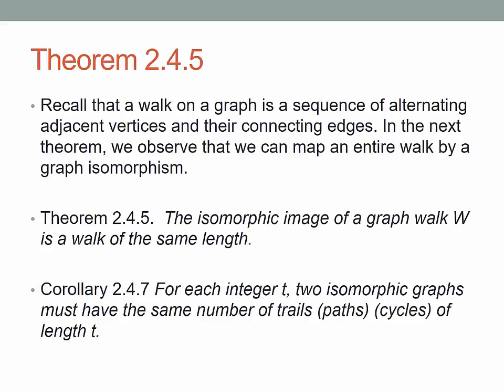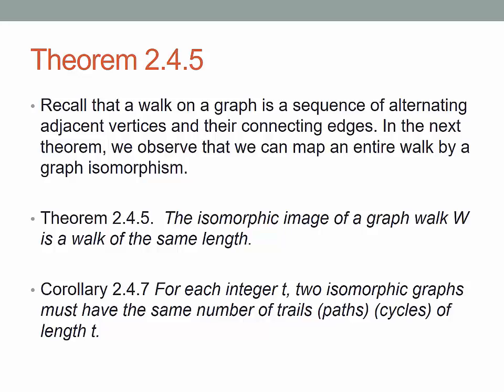Theorem 2.4.5 in our book states that the isomorphic image of a graph walk is a walk of the same length. In other words, a walk in a graph, which is a sequence of vertices, would have to produce the same sequence in the isomorphic image.